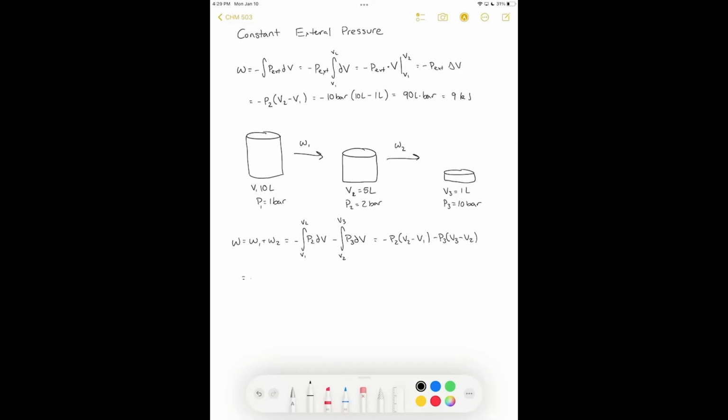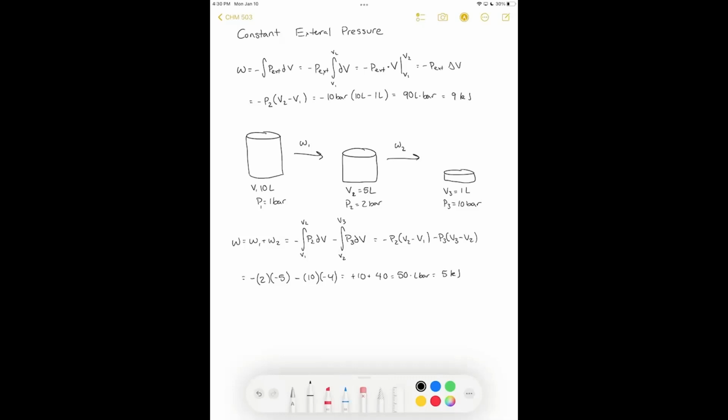We'll find out that the work is equal to negative P2, which is 2 bar, and our delta V there is 5 minus 10, or minus 5. And then our minus P3 is minus 10 bar, and our V3 minus V2 is minus 4. And so this gives us a work of 10 plus 40 liter bar, so 50 liter bar. And we can convert that into kilojoules as well, to say this is 5 kilojoules.